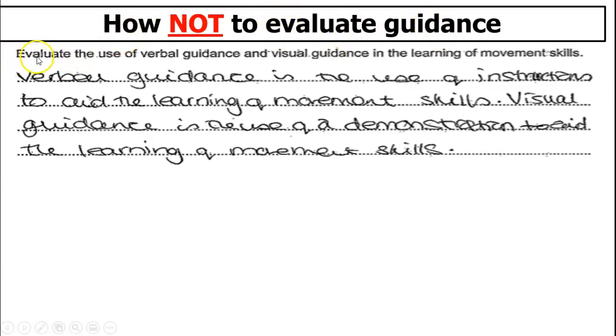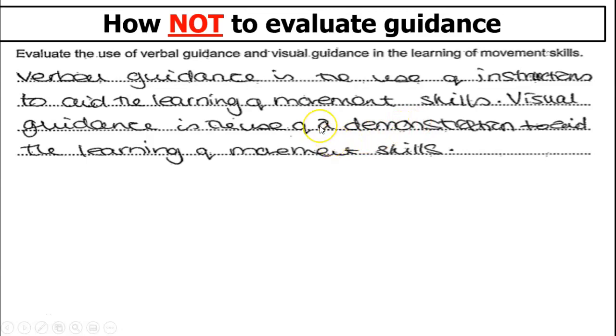As you can see, this exam question here: evaluate the use of verbal and visual guidance in the learning of movement skills. Okay, so this question, because it says evaluate, means you have to go straight into the advantages and disadvantages. Now, if you have a look at this student, what they've done is they've said verbal guidance is the use of instructions. Visual guidance is the use of demonstration.